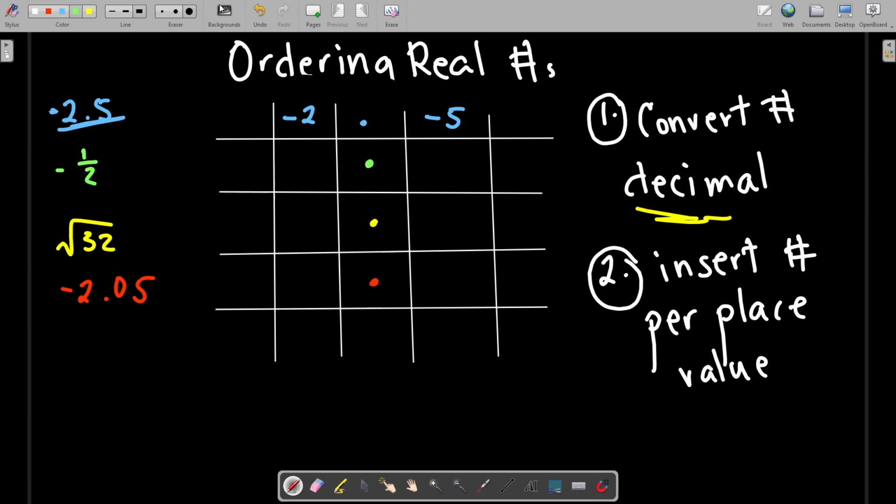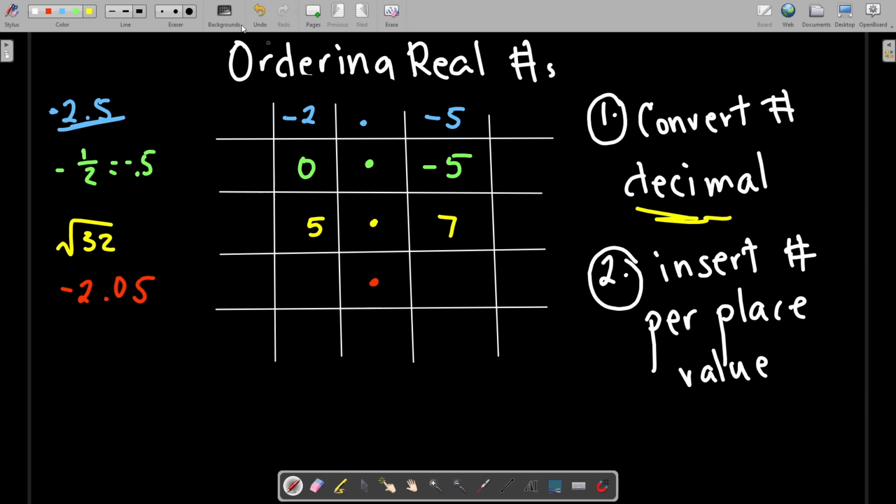Next, negative 1/2 is negative 0.5. So that will be, again, if you do not have any value on a place value, put a 0, and then negative 5. Square root of 32. Use your calculator.